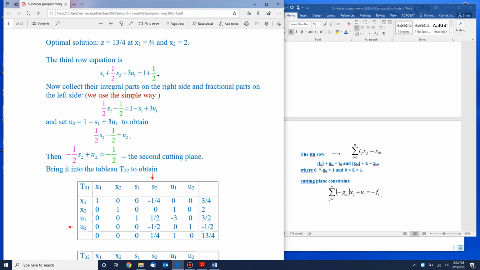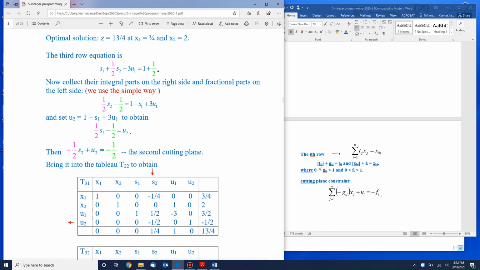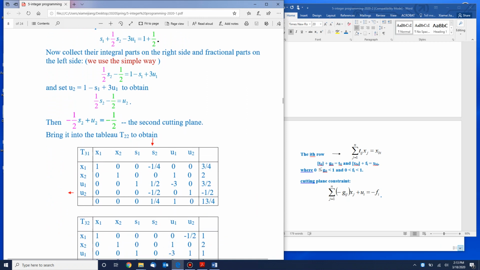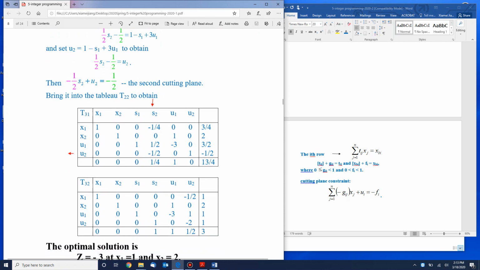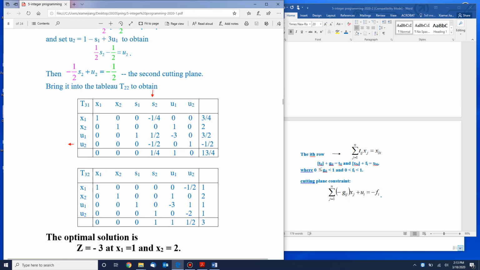Now we use the dual simplex method to restore the feasibility. Then we get the result. And this tells us the optimal solution is z equals minus 3 at x1 equals 1, x2 equals 2. So we solved the pure integer programming problem.